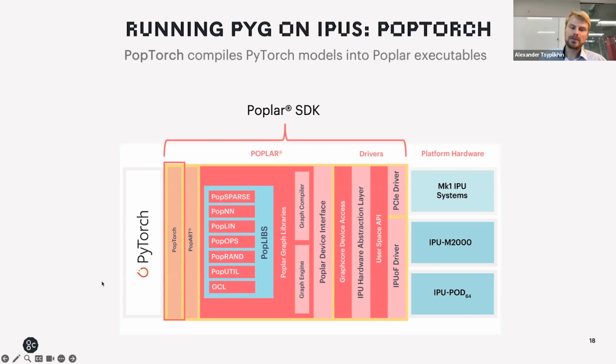The changes to the code were described yesterday. It's the training model and inference model wrappers around the PyTorch model objects, and the changes to PyTorch Geometric operations described on the previous slides.